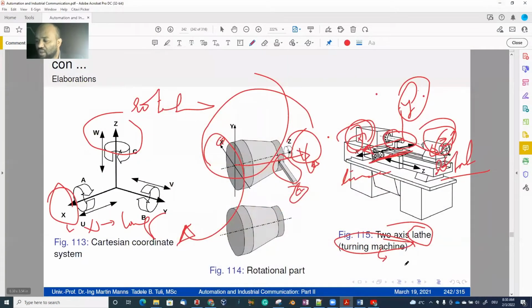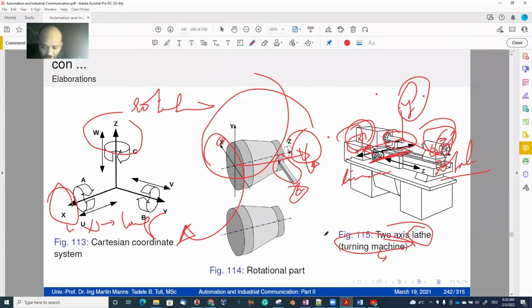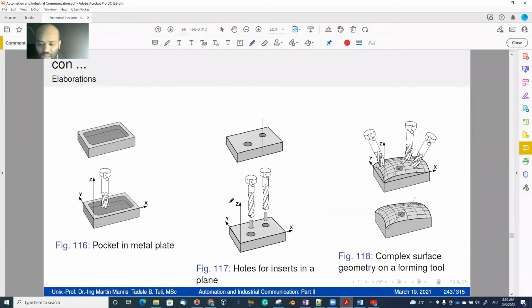Okay, so now I think this much should be enough. Then this is the lathe. In lathe machines we have a rotating object or workpiece and a linearly moving, or translating, tool. Very important. The next are operations like milling or drilling.